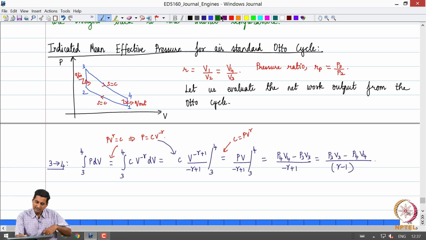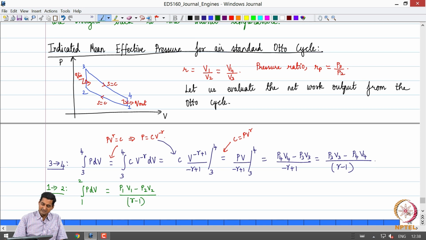Similarly, if I consider the process from 1 to 2 and evaluate this, I would leave this as an exercise. You will immediately see that if you follow a similar process we are going to get this expression, okay.